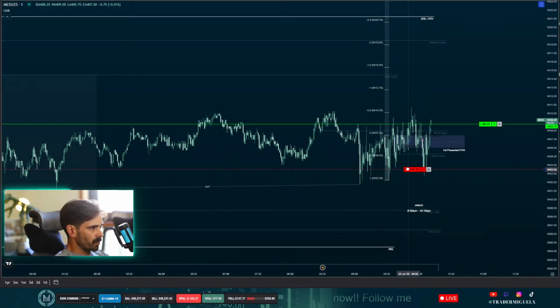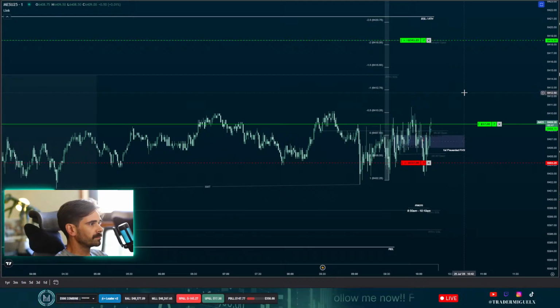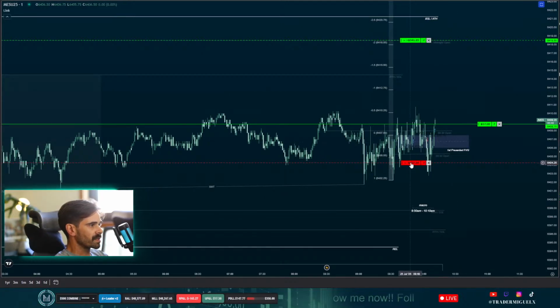So let's see if we will have the run now, or if price is just doing some type of a seek and destroy environment here. 830 needs to hold.